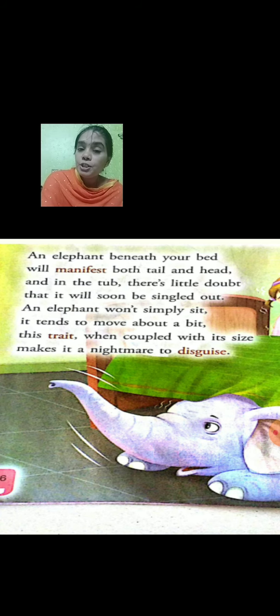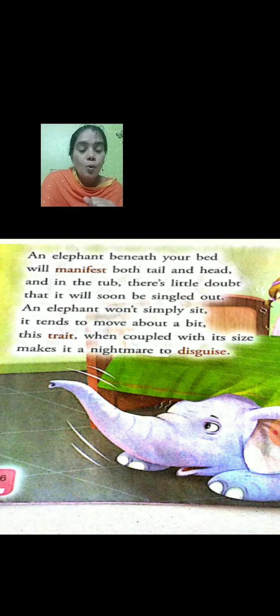So if you put the elephant beneath the bed, the tail and the head will manifest, means it will come out. And in the tub, there is little doubt that it will soon be singled out.